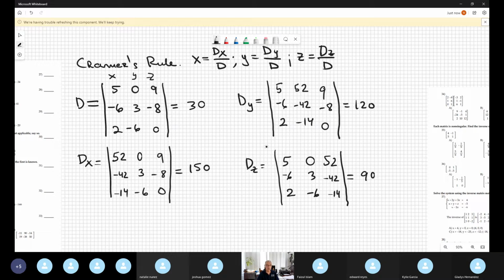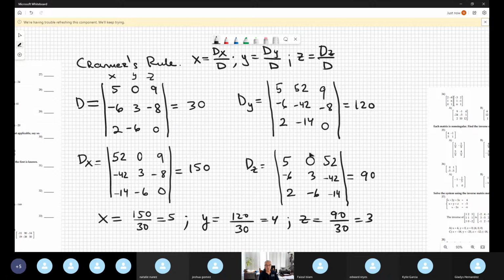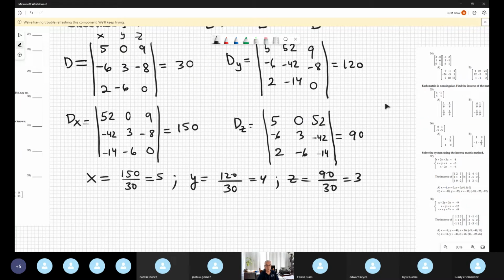Now conclusion, x is equal to 150 over 30, get 5. Y is equal to 120 over 30, get 4. And Z is equal to 90 over 30, get 3. Now, the solution for the system, a unique solution, only one, the ordered triple 5, 4, 3.